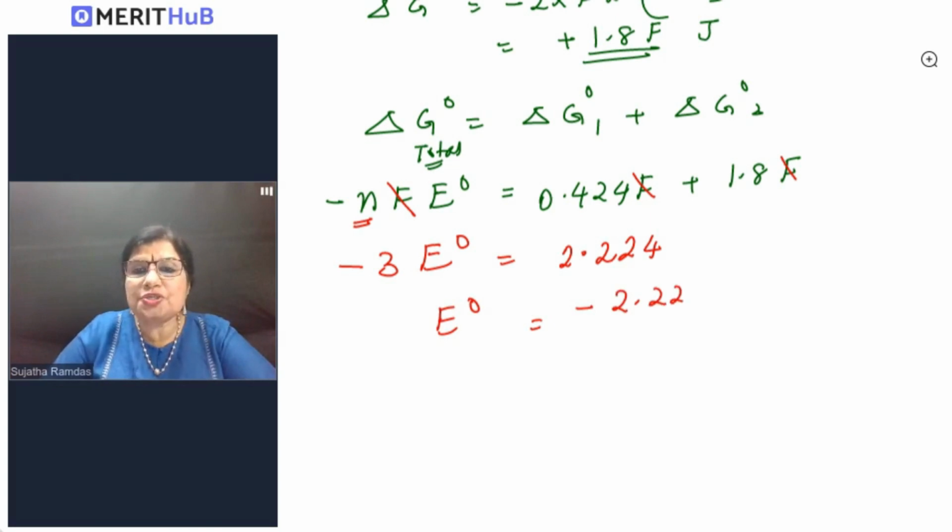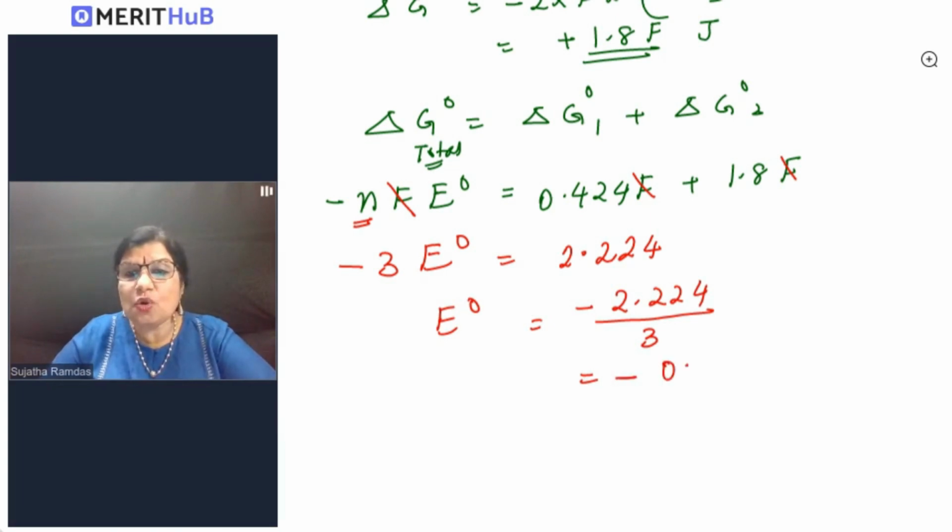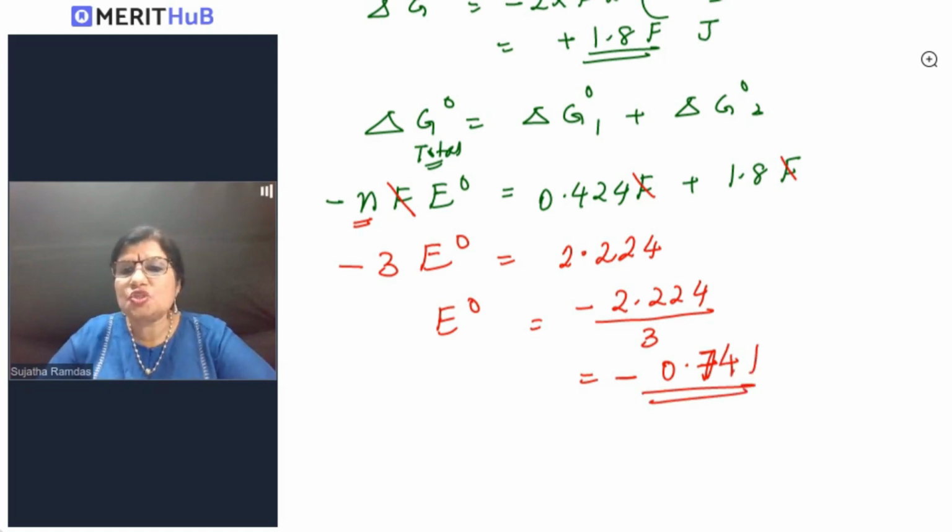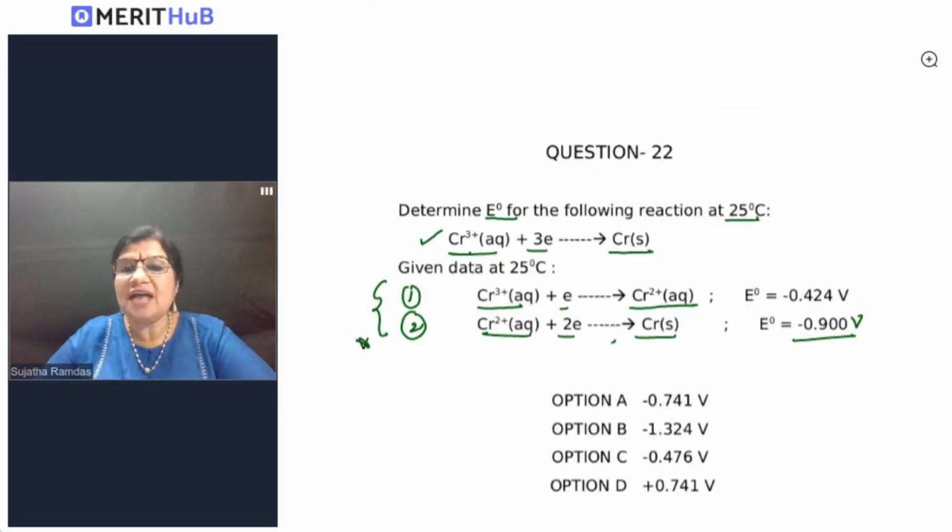So what is E naught equal to? Minus 2.224 divided by 3. So that is equal to minus 0.741 volt, which would be the reduction potential for this half equation.